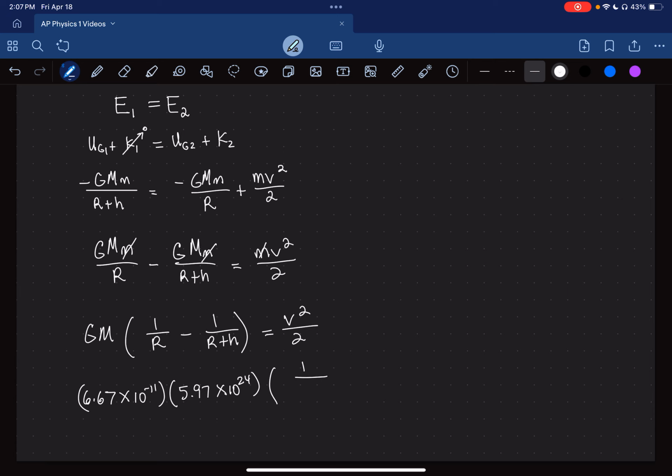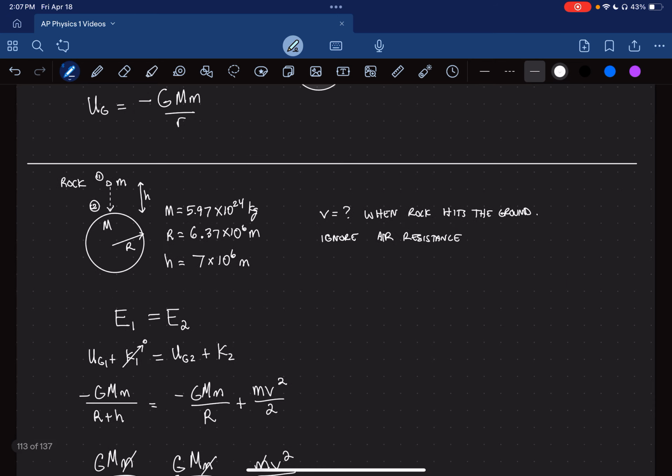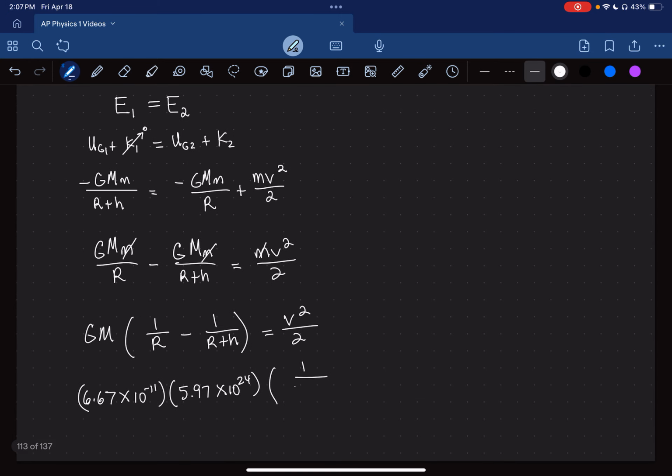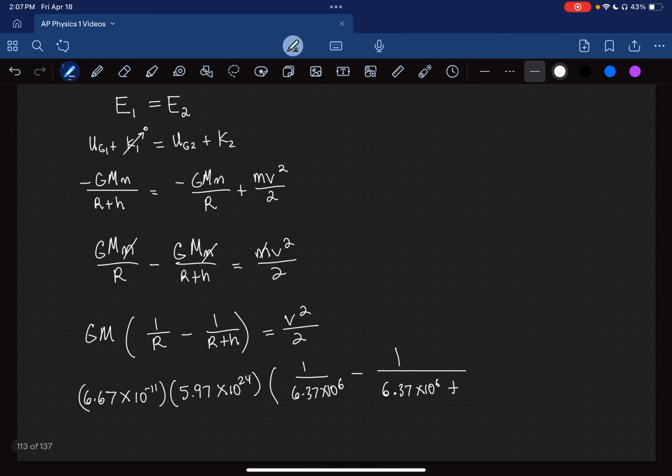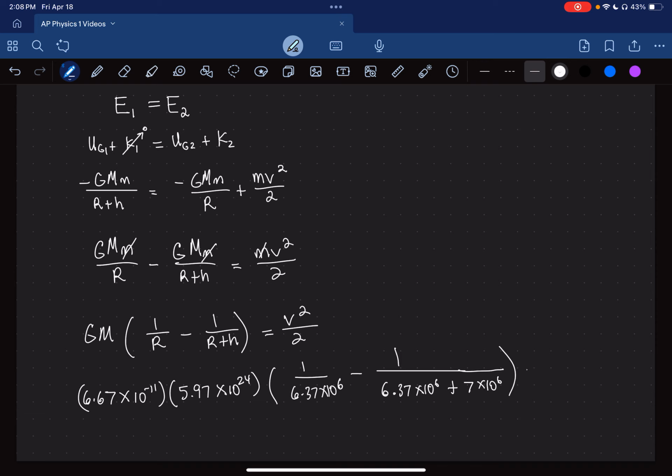We'll do 1 over 6.37 times 10 to the 6. And this is 6.37 times 10 to the 6 plus 7 times 10 to the 6 equals V squared over 2.